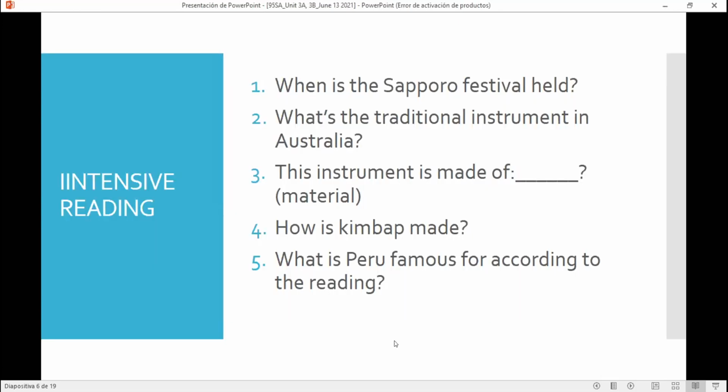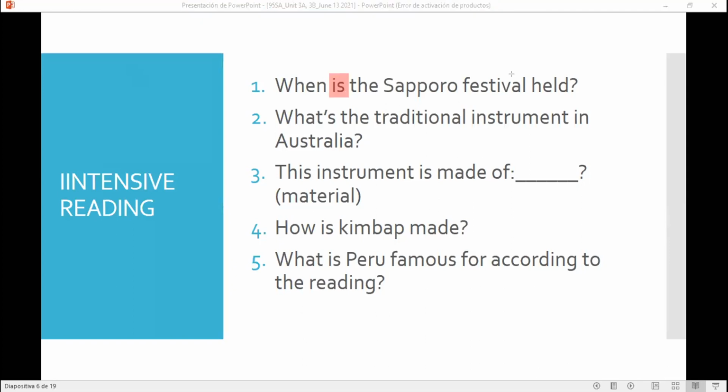So guys, as you can see here, we have something that you have seen before. We have in these questions some grammar that you learned last level. But we're just going to remember this grammar.